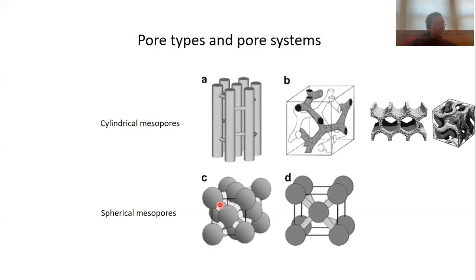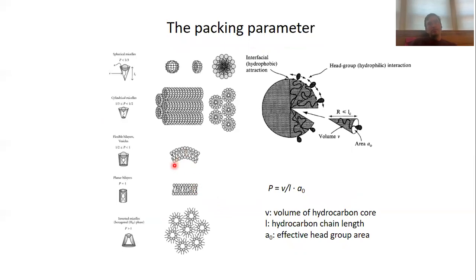Now let's look more closely at the question: what determines the type of pore that forms? This is overall a complex question, so there are many parameters that can influence the pore system, such as the temperature, the pH, the concentration of the surfactant, as well as the concentration of the silica species.